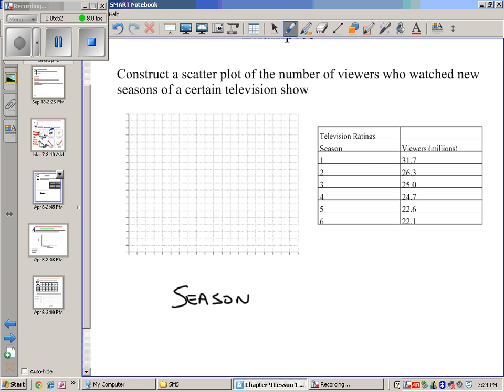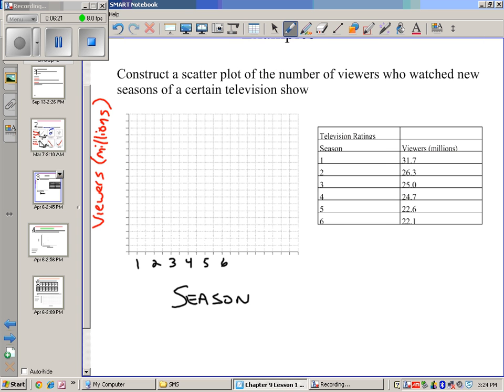We've got a big graph, so we can skip a couple of spaces here. Let's go 1, 2, 3, 4, 5, 6. On the y-axis, we're going to call this our viewers, and they are in millions, so you always want to say how you're categorizing them.